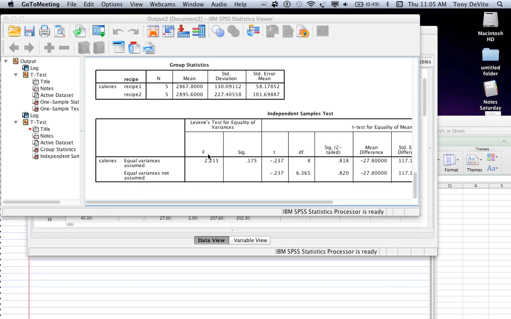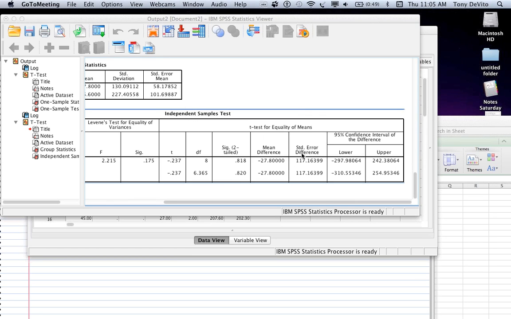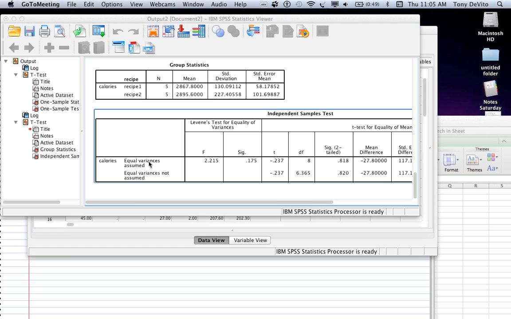Well, this is our output here in the independent samples t-test. Okay, and we get two lines. SPSS actually does this calculation twice. On the top line, it does the calculation with equal variances assumed. You guys remember in the formulas, I'll post this later on along with these tables, that you used one version of your formula to calculate your t-score or z-score when the variances were equal, and you decided how you were going to combine the variances.